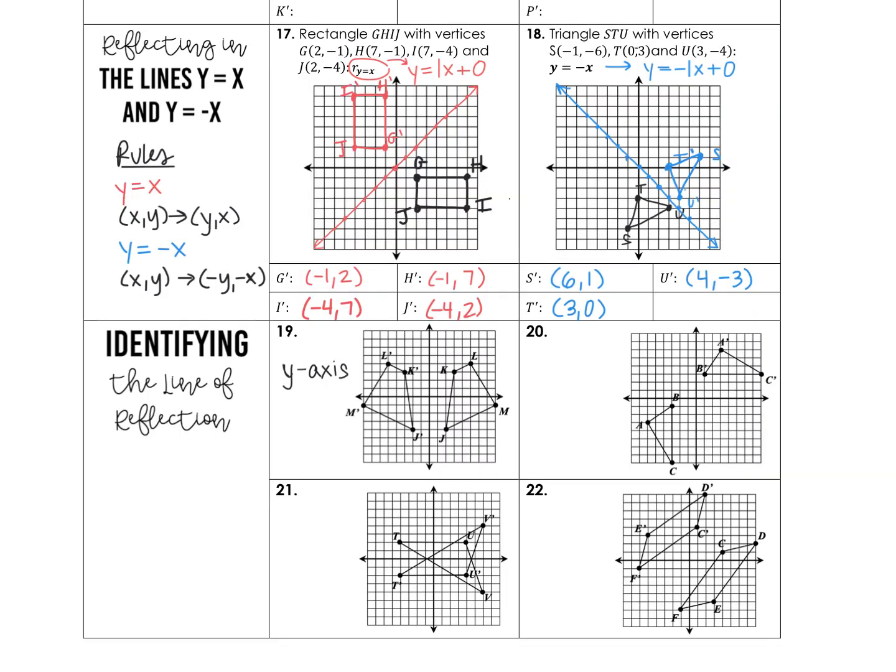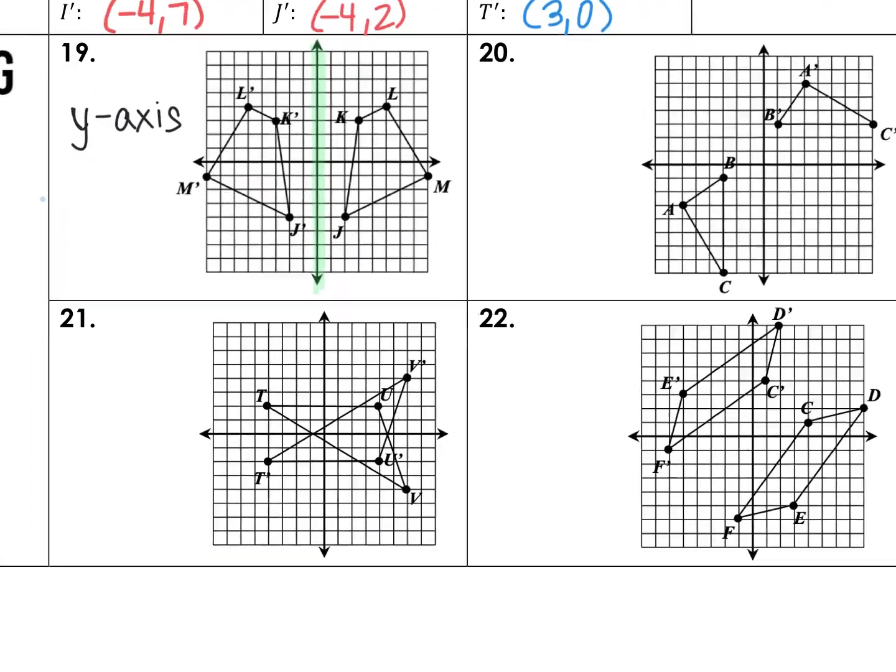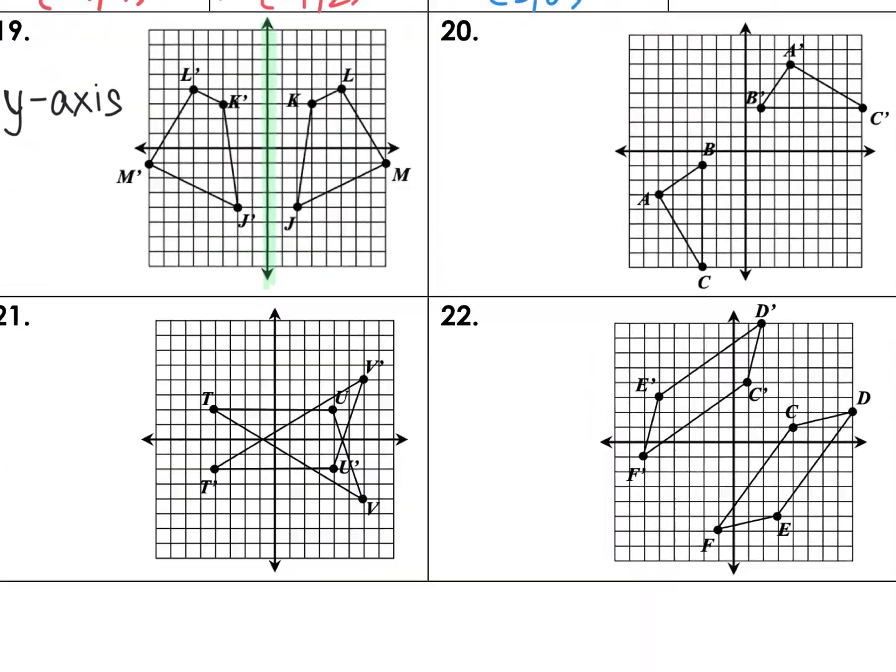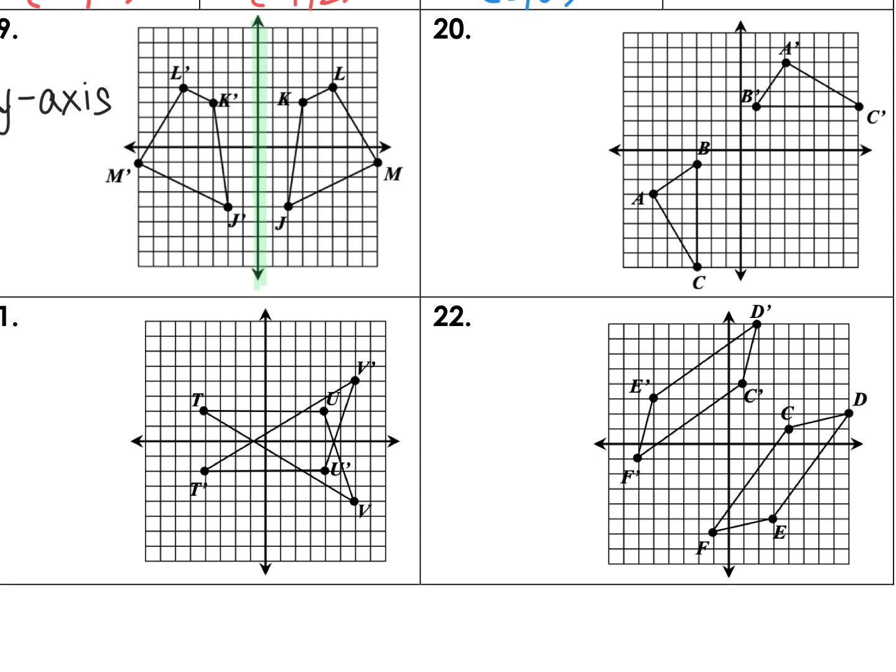I will highlight it so you can see. All right, this guy is, what is this one? This is the negative line.